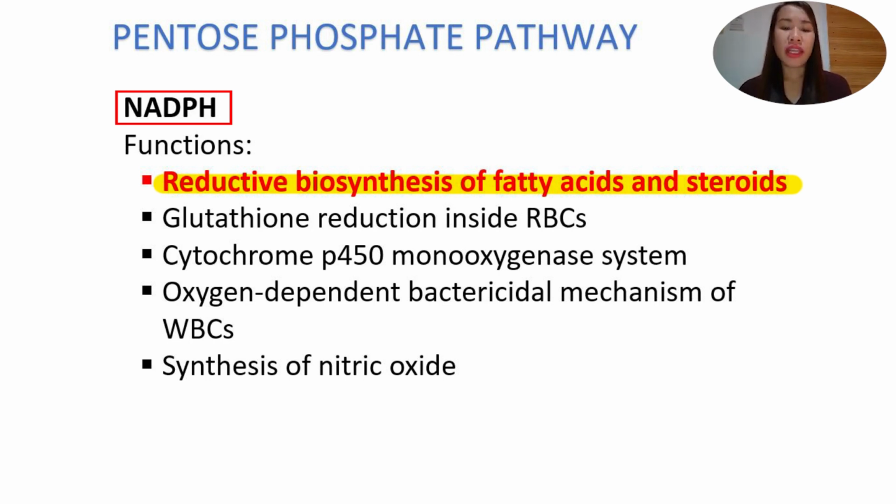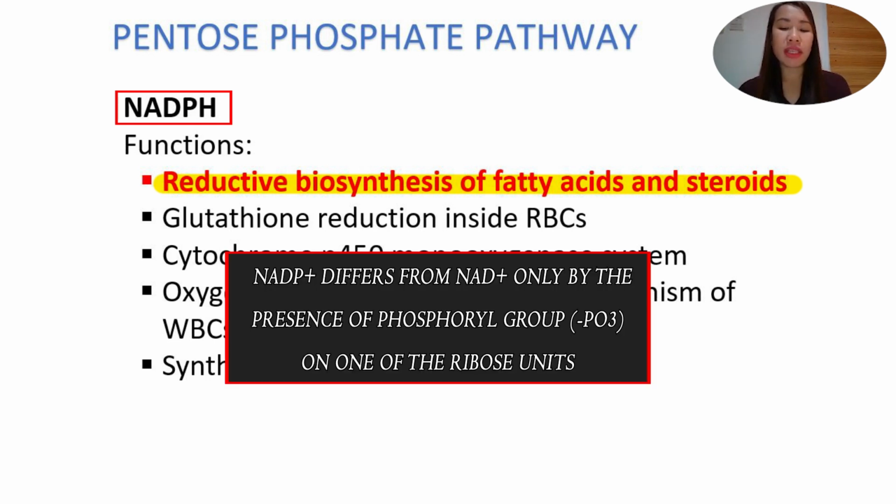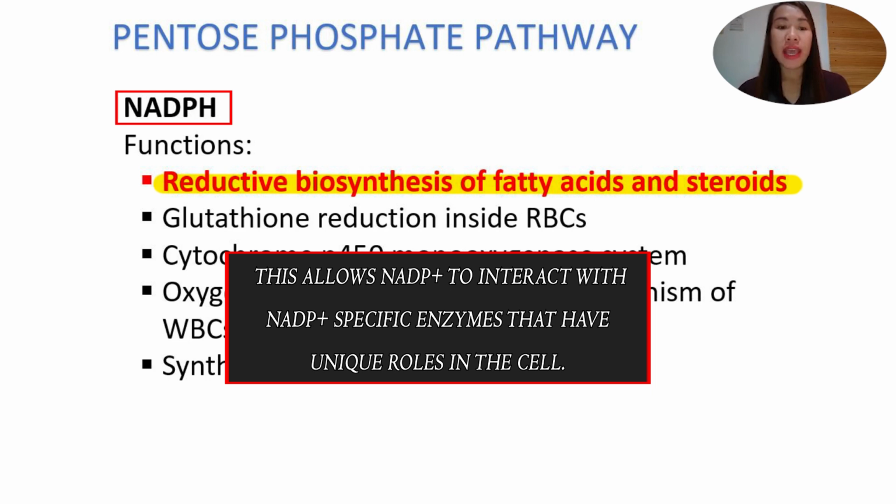When we talk of NADPH, we talk of NADP plus and how it differs from NAD plus. It only differs by the presence of a phosphoryl group, as one of the ribose units, which now allows NADP plus to interact with NADP plus specific enzymes that have unique roles in the cells.